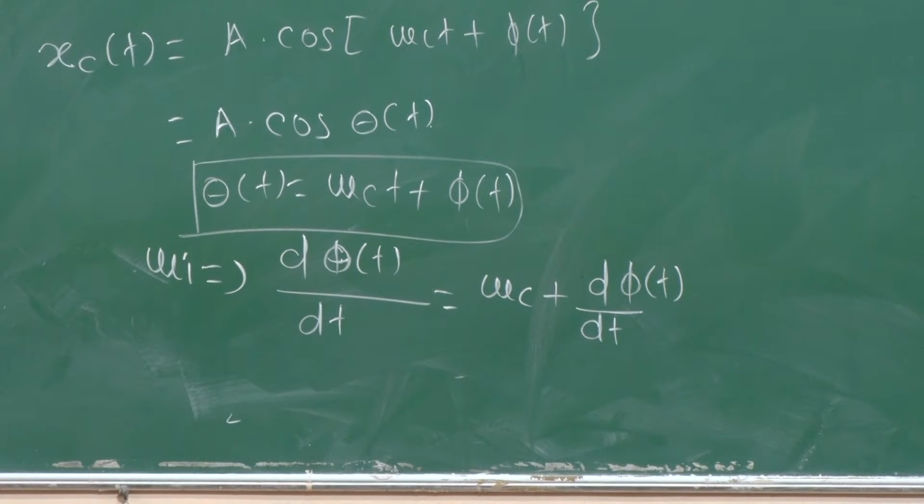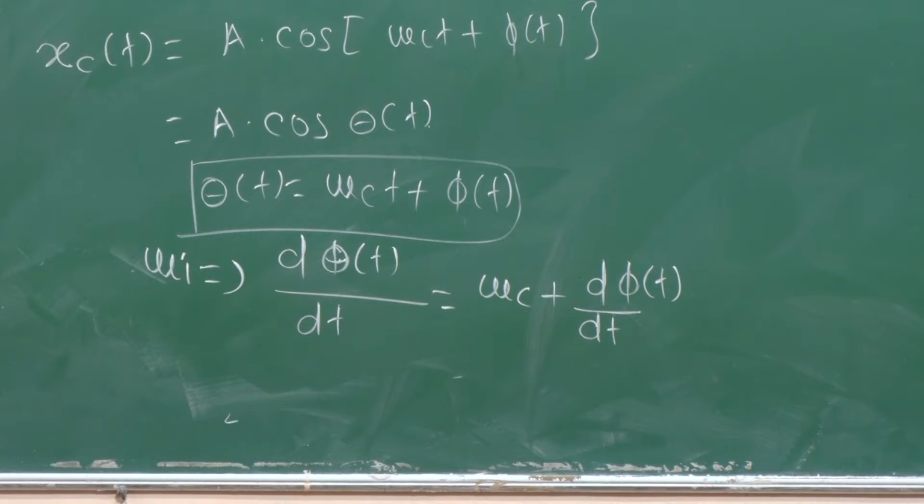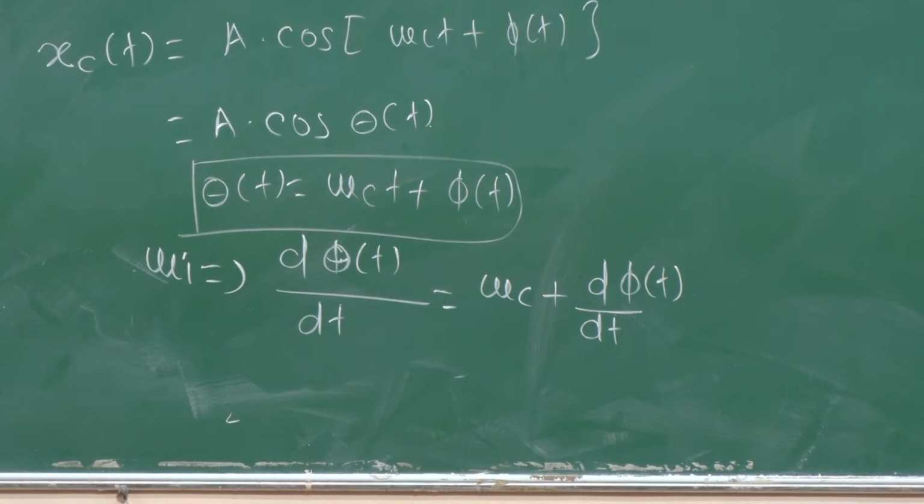Where phi(t), write down phi(t), is equal to the instantaneous phase deviation.